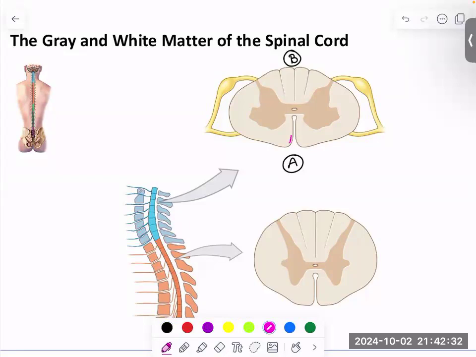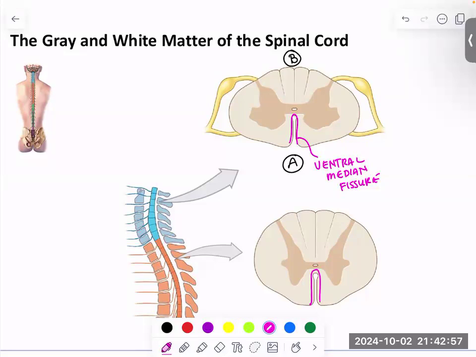What is this? That is your ventral median fissure. That is the ventral side. B is the dorsal side. That is your giveaway right there, folks. Ventral.